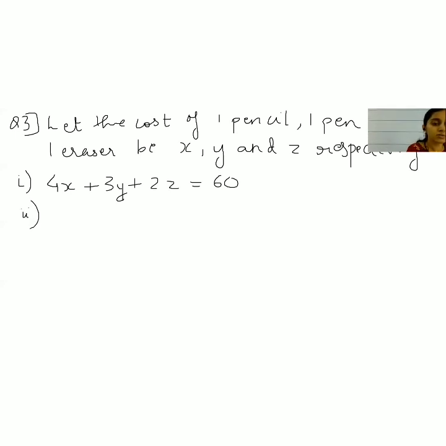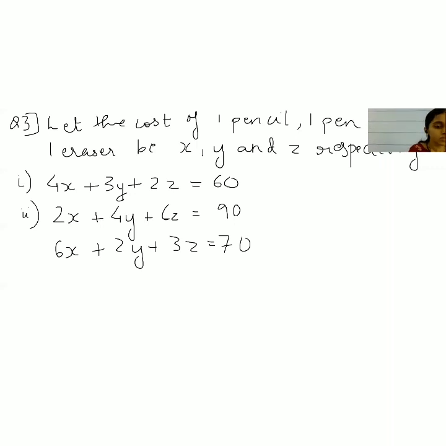So second equation will be 2x plus 4y plus 6z is equal to 90. Okay. And the last one, whereas the cost of 6 pencils, 2 pens and 3 erasers. So 6x plus 2y plus 3z is equal to 70. Find the cost of each, they have said. So that means you have to find the value of x, y and z.